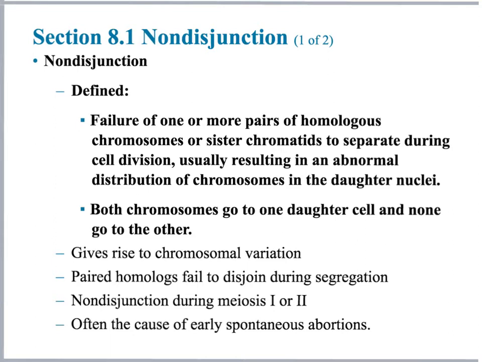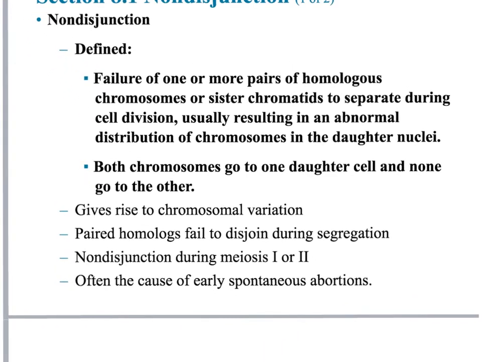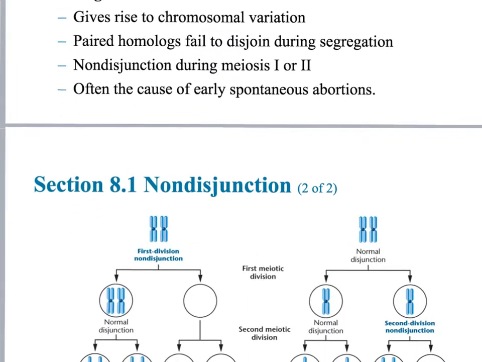So you get a chromosomal variation, and the paired homologs fail to disjoin or fail to segregate, and it happens in meiosis 1 or 2. Oftentimes it's the cause of a spontaneous abortion, and that would be the case with Edwards or Patau syndrome when it's chromosome 13 or 18 that failed to segregate. But trisomy 21 is consistent with life.